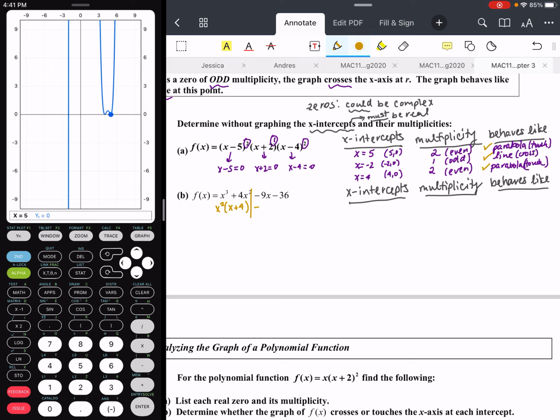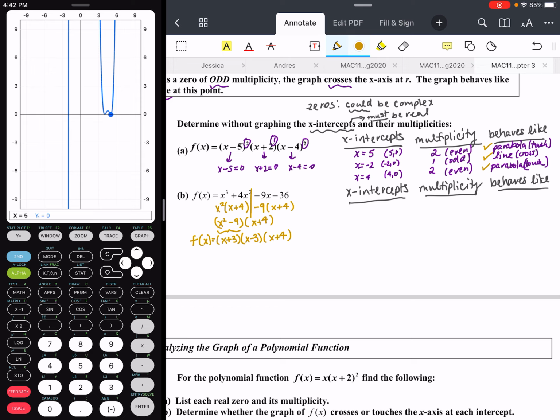If I factor out my GCF of -9, that leaves me with (x plus 4) in parentheses. So at this point, I have (x squared minus 9) times (x plus 4). And then x squared minus 9, I can break apart using difference of squares. So (x plus 3) times (x minus 3) times (x plus 4). So there's my factored form of my function.